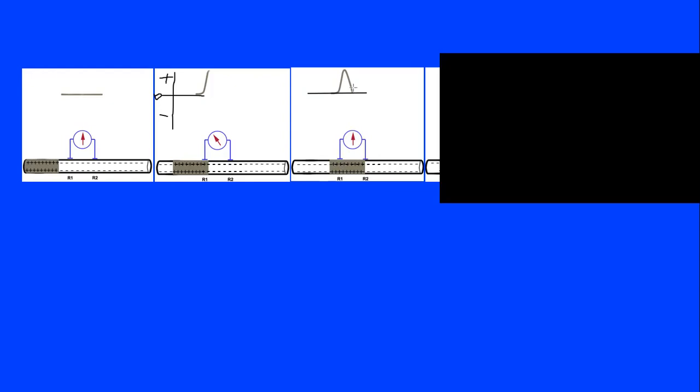However, if you look at this graph, it is very different from this one. Because this one, the difference was 0, but the insides were both negative. Here the difference is 0, but the insides are both positive.